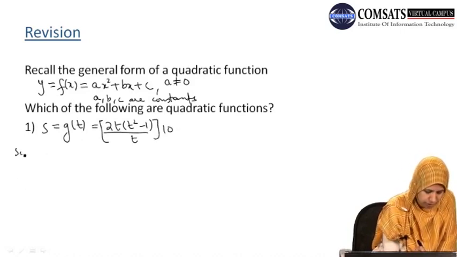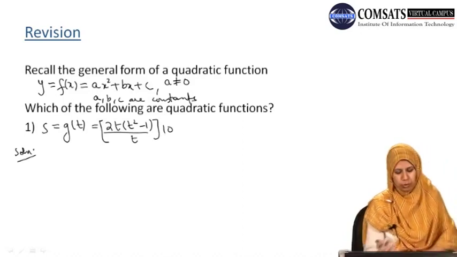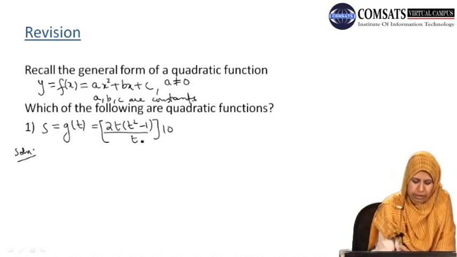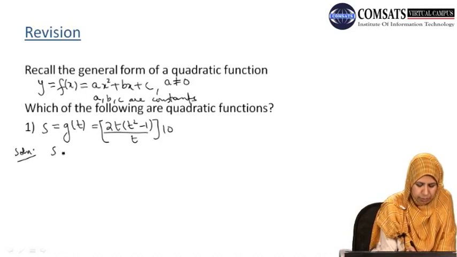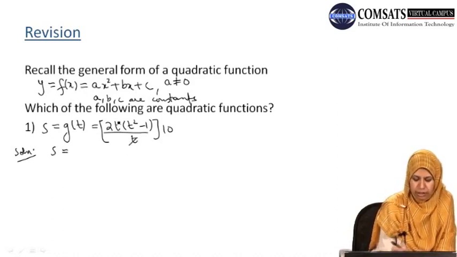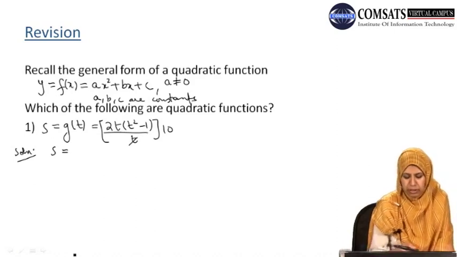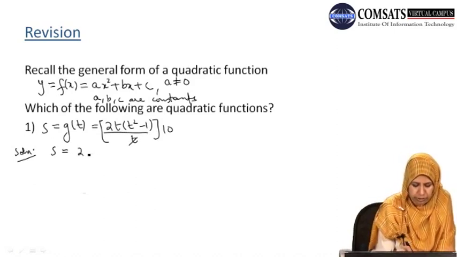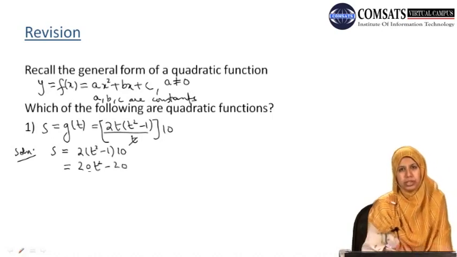After simplifying, what do we obtain? First we have to simplify it. We can easily see that we can cancel out t, and we obtain 2 into t square minus 1 into 10, which is 20t square minus 20.